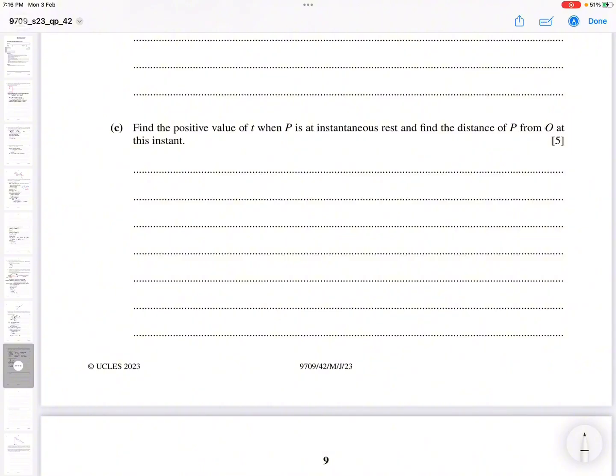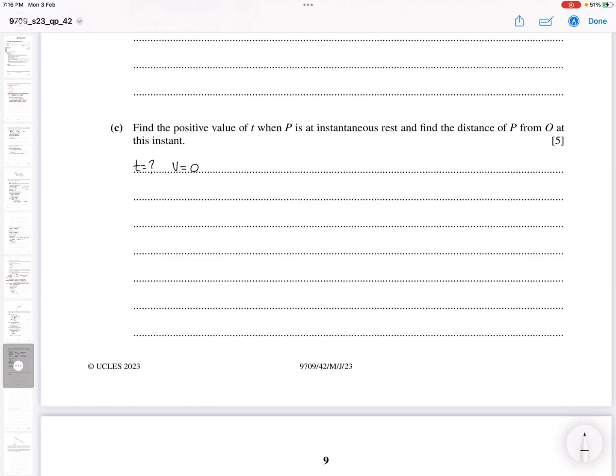Find the positive value of t when p is at instantaneous rest, and find the distance of p from O at this instant. So t is to be known when v equals 0. Why is v equal to 0?